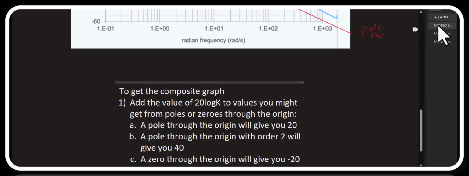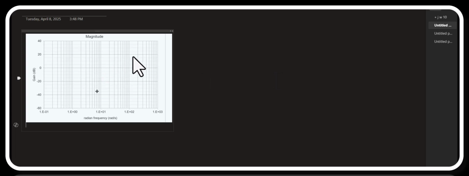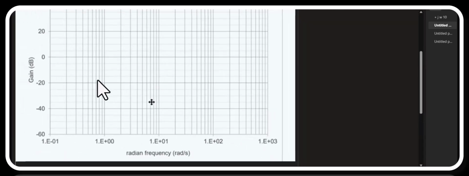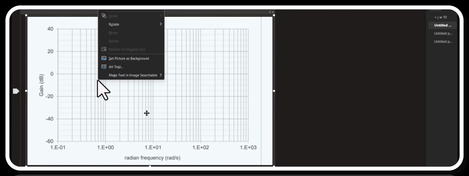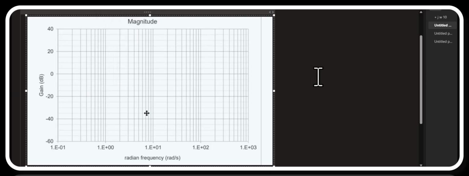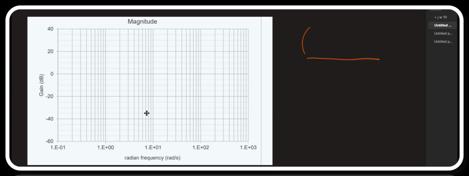And the reason why is simple poles and simple zeros are, like, let's say I had 1 plus j omega over 20 on top and 1 plus j omega over 300 on bottom.